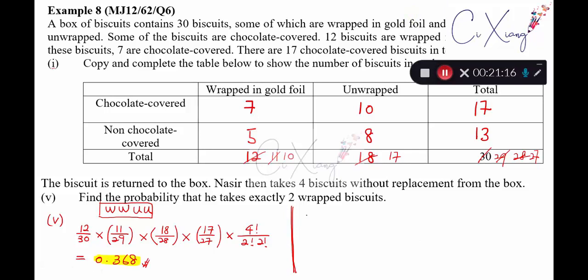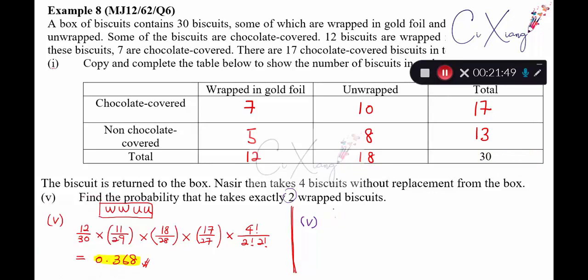For part 5, another alternate solution is, since I want to get 2 wrapped biscuits and also 2 unwrapped biscuits, you can try to use the concept of combination. Okay, so let's start from here.